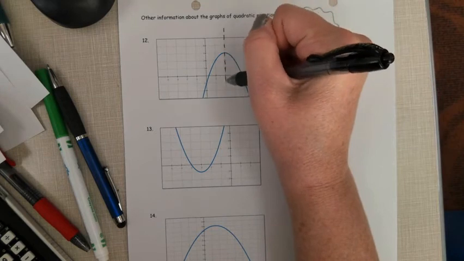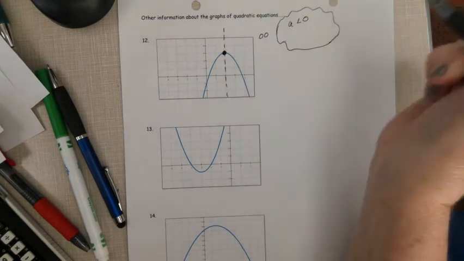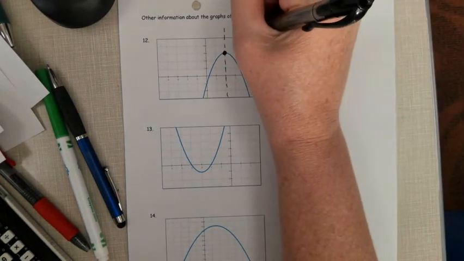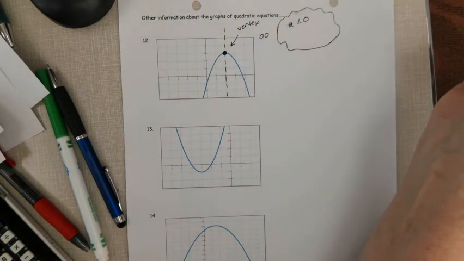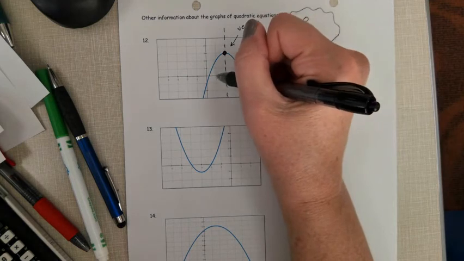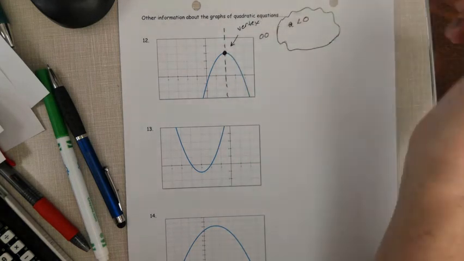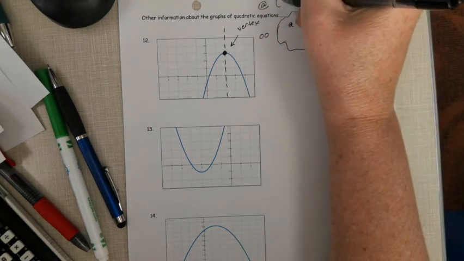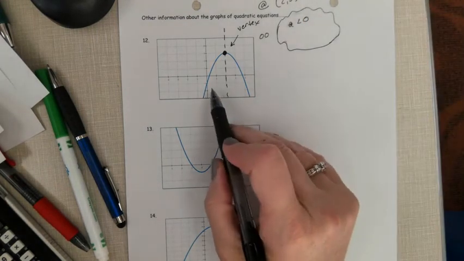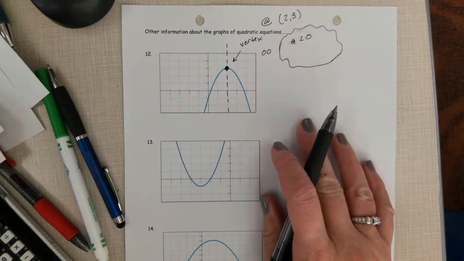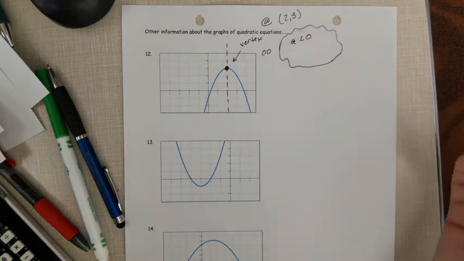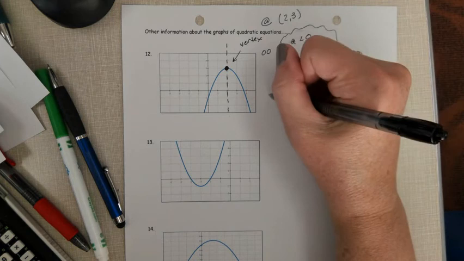That point that I talked about, hopefully you remember what that's called, a vertex. And that is at 1, 2, 1, 2, 3. Now, since it's happening at the top of this graph, I hope you can intuitively call that a maximum.